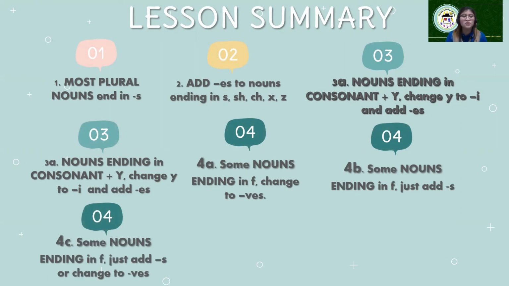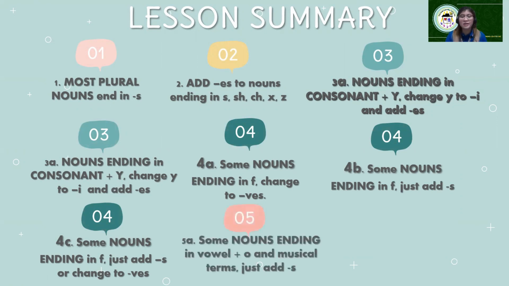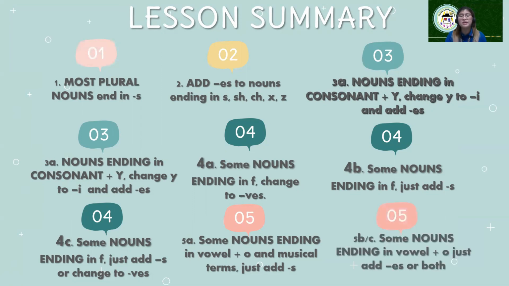Some nouns ending in F or FE change to VES, some nouns ending in F just add S, still some nouns ending in F just add S or change to VES. Some nouns ending in vowel plus O and musical terms just add S, yet some nouns ending in vowel plus O just add ES or both. But when you have consonant plus O, just simply add ES.